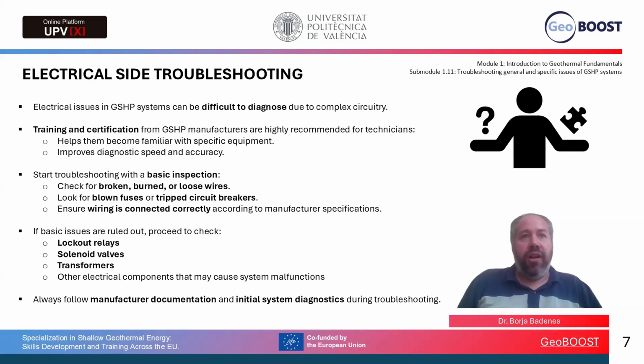In the electrical side, the most typical troubleshooting are electrical faults, hard to find because of complex wiring. We recommend a ground source heat pump maker training. Always start with basic inspection, look for broken boards or loose wires, tripped breakers, and correct wiring per manufacturer diagrams.